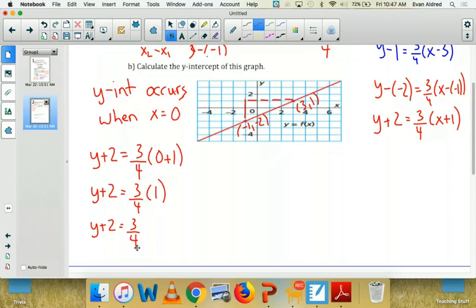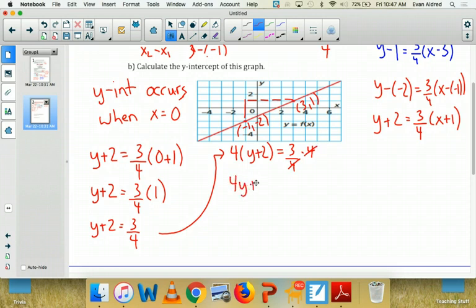Now, we need to get rid of our denominator 4. We don't want that denominator 4 there. So we're going to multiply both sides by 4. That will give us 4y plus 8 equals 3.